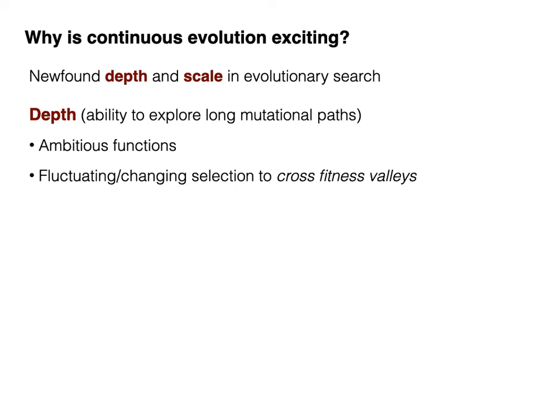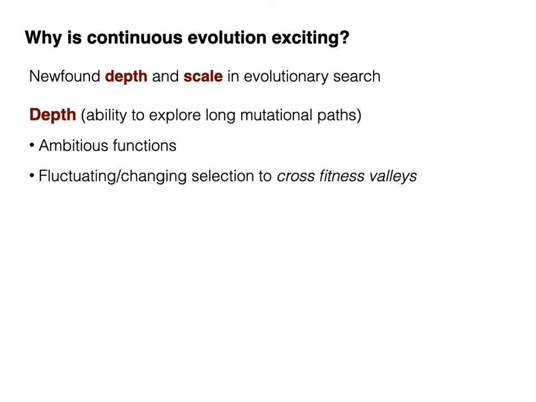Depth is also important if you want to use different selection schedules to cross fitness valleys. In evolution, one of the key questions is how do you go from one fitness peak to another fitness peak that is higher? In other words, how do you avoid getting stuck at a suboptimal fitness peak?